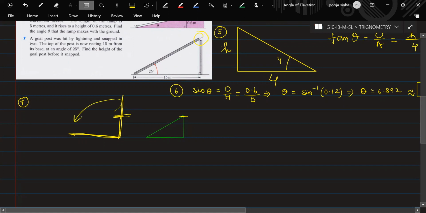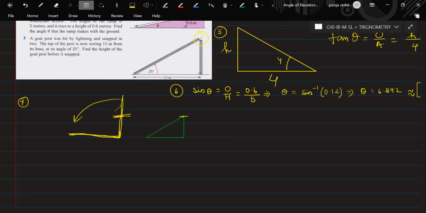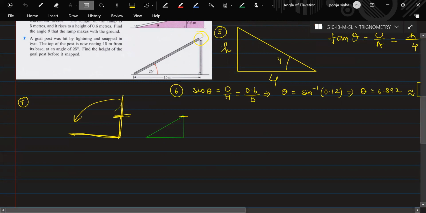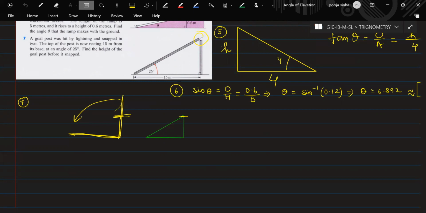This thing came down. But we don't know if it broke directly in two halves or not. We don't know, but it was broken. So the question is asking us what was the full height. Because here we have to calculate hypotenuse plus height.